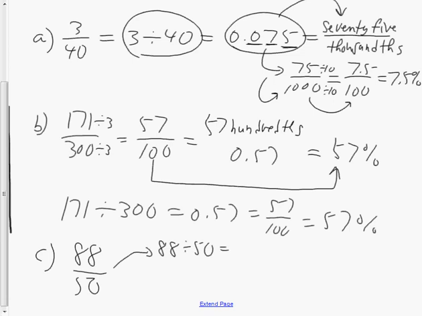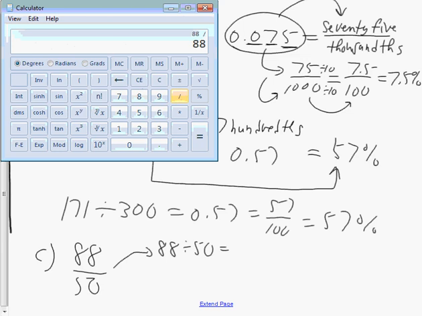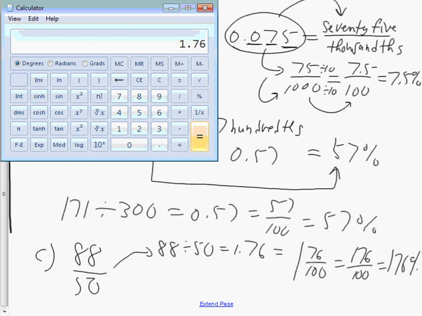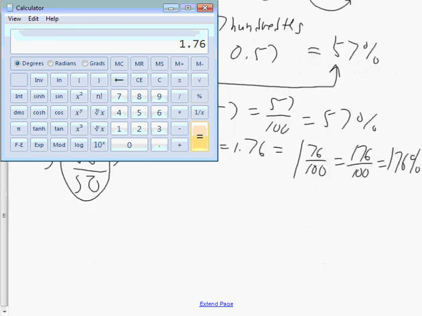If you took your calculator and did 88 divided by 50, you would get 1.76, which is 1 and 76 hundredths, which is equal to 176 hundredths, which is equal to 176%, right? Because you're dealing with something more than 1, it's going to be more than 100%. Since this fraction is greater than 1, we know that my answer has to be greater than 100%.